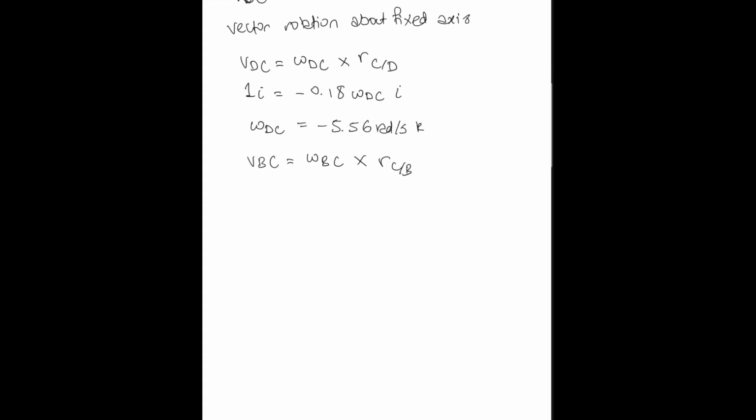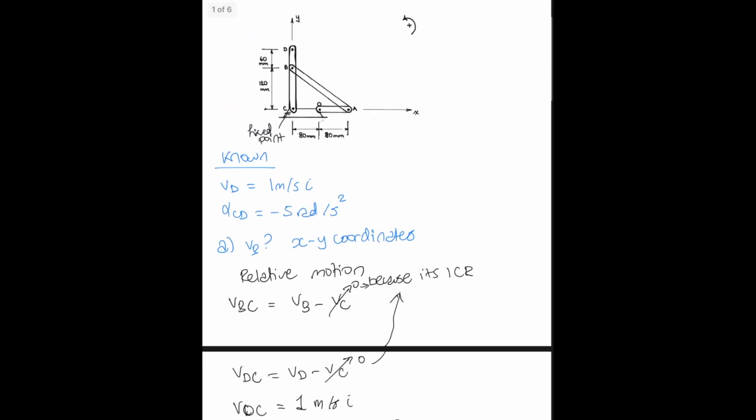VBC is going to be equal to omega BC cross product of B relative to C. And once we do that, we know that omega BC is equal to omega DC, because it's all in the same link. That means they all have the same angular velocity.